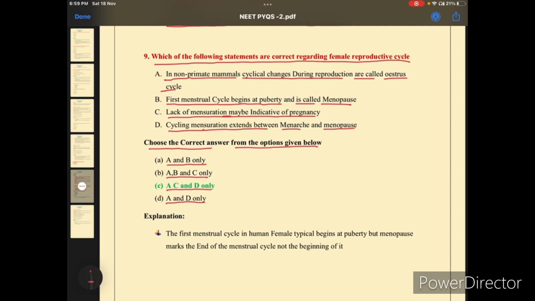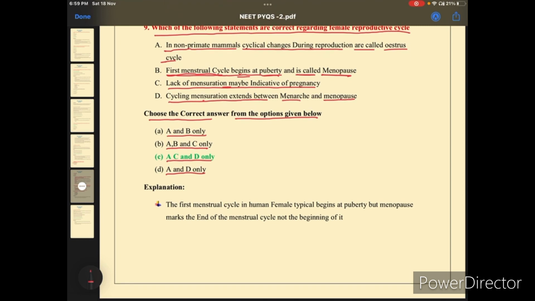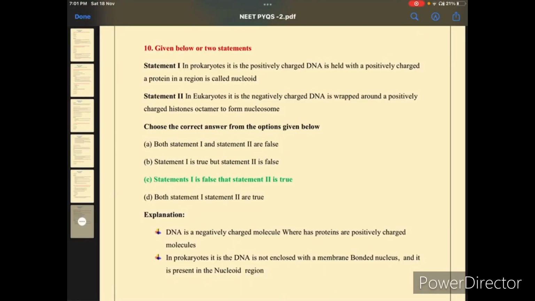But the statement that the first menstruation cycle begins at puberty and is called menopause is wrong. Let us see the explanation. The first menstruation cycle in a human female typically begins at puberty, but menopause marks the end of the menstruation cycle, not the beginning of it. Let us see the next question.